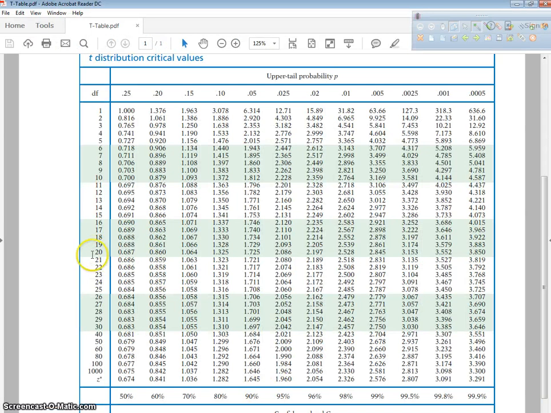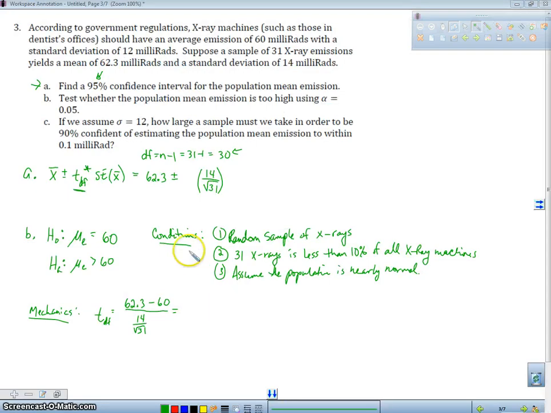So look right here. Oh, sorry, right here, 30. And I'm going to go over, and now I'm looking down here, 90. Okay, so 90% confidence, and 30 is going to give me a value of 1.697. So you see it's pretty close to the z star. Okay, so 1.697. And I got that from my t-table.